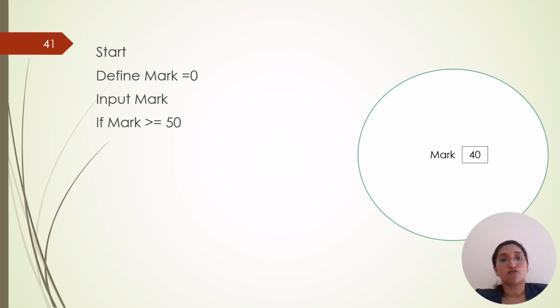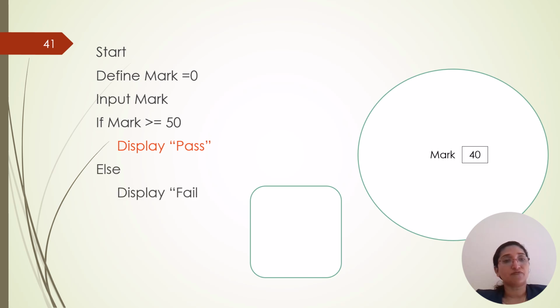Which is 40. It's not greater than 50. Condition false. If the condition is false, you are not going to this part. You go to the else part. In the else part, it says display fail and end the program.